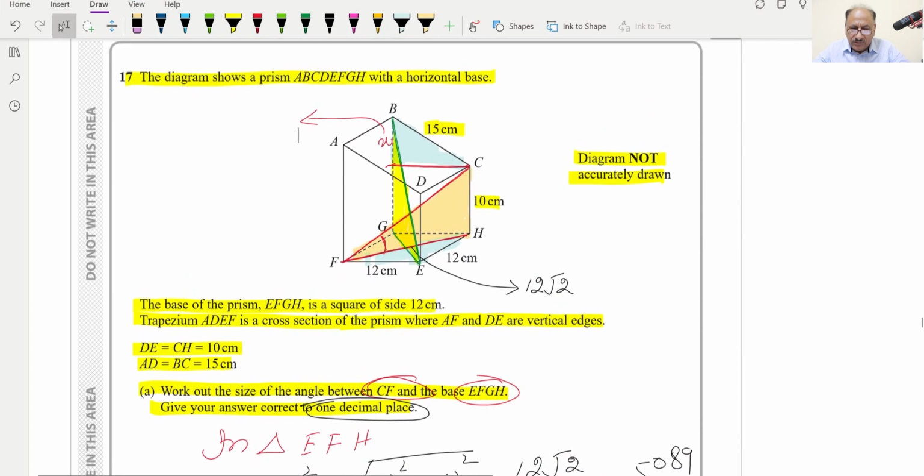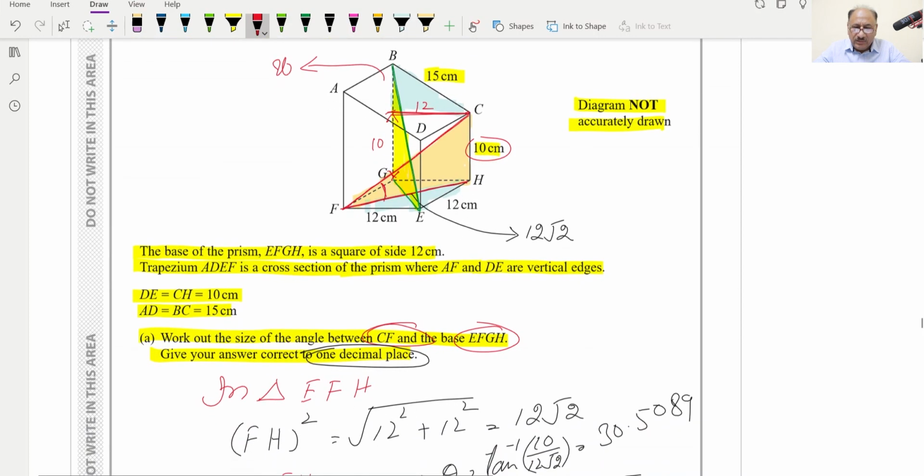We have supposed this as x, and this x we will find this value. This will be 15, over this is 10 centimeters. So height of this one will also be 10 centimeters. So we can consider this length is 12, so this is also 12. So this portion is 12. So we can consider this triangle. So we can take this point as P.